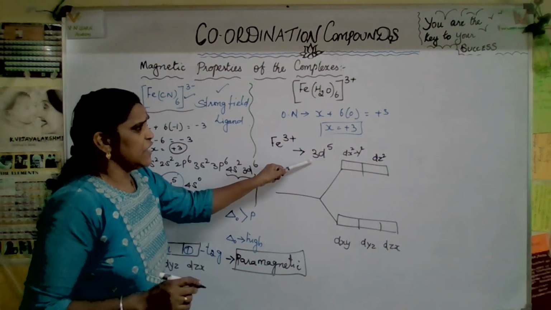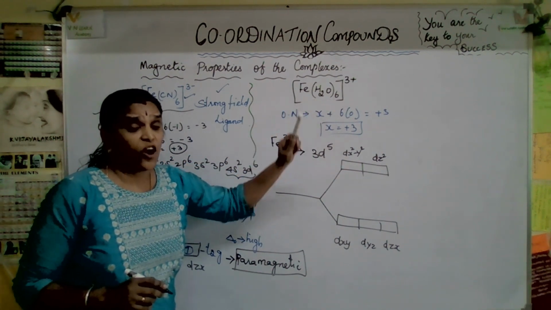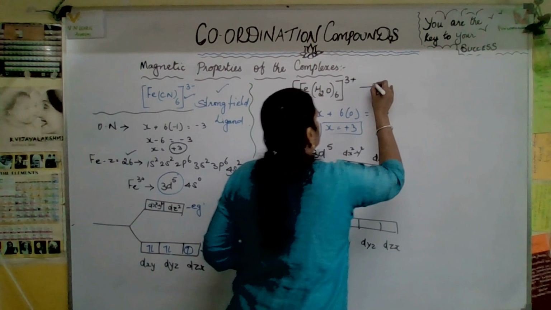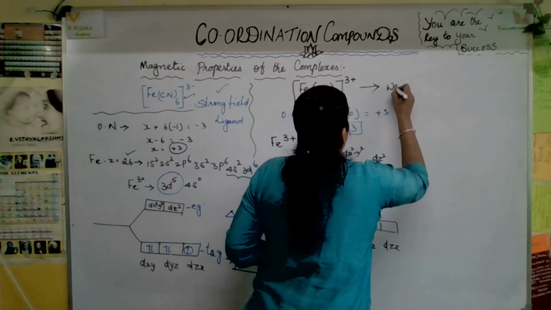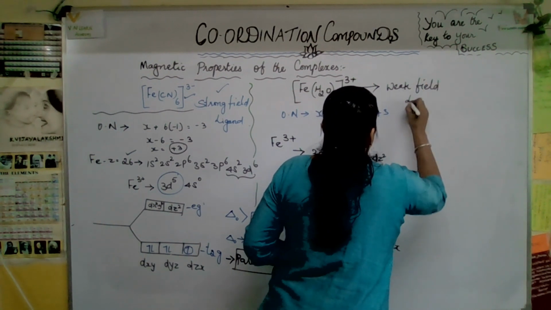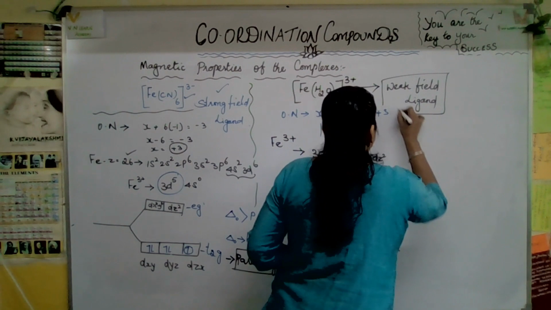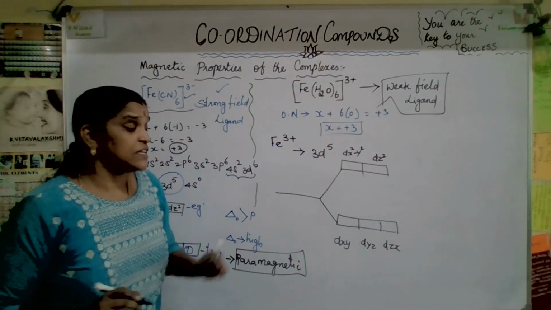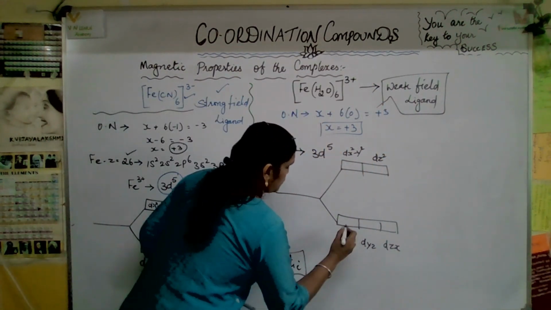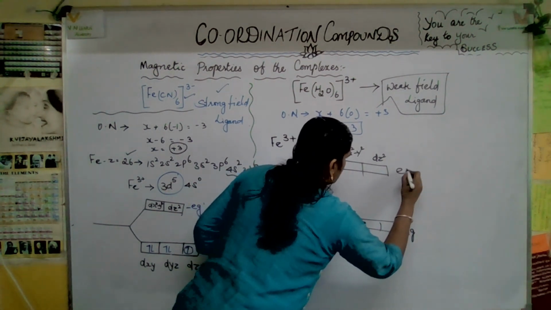Okay, now 3d5. Is it a weak field or strong field? H2O belongs to weak field ligand, right? So weak field ligand means how is the pairing of electrons? Electrons will occupy first the t2g, then after that eg.